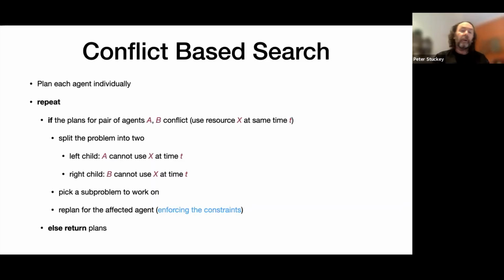In the left child, agent A cannot use x at time t. In the right child, agent B cannot use x at time t. And then we'll end up with two children. We'll pick one subproblem to work on, and that will either be solved or we'll split again. We keep going, replanning the affected agent, enforcing the constraints so that it doesn't use the resource where it's not allowed to. This continues until we find a node where none of the plans conflict and we're finished.